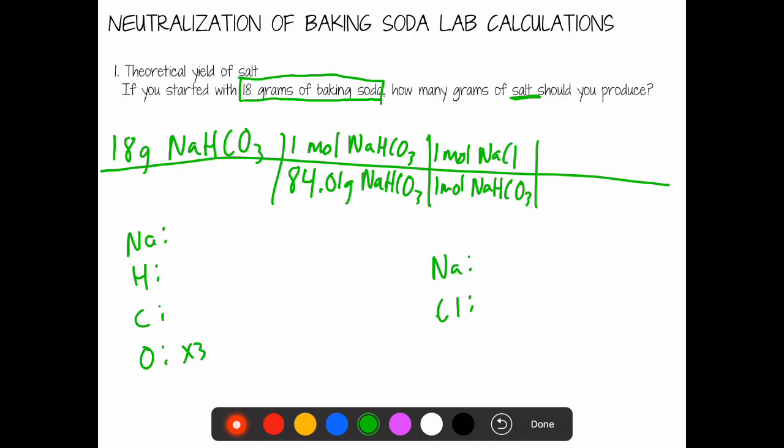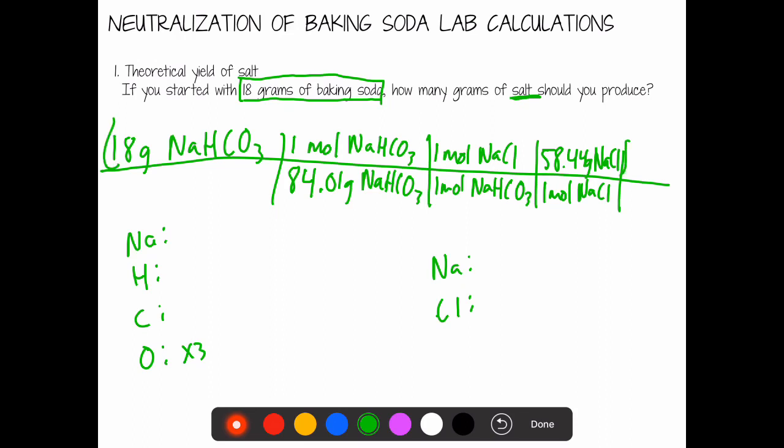Okay, so that molar mass should come out to about 58.44 grams per mole. Unlike last time where we had the grams on bottom, we want our grams to go on top because we are starting from moles of sodium chloride. We want to cross out moles this time. Okay, and that's our final step.